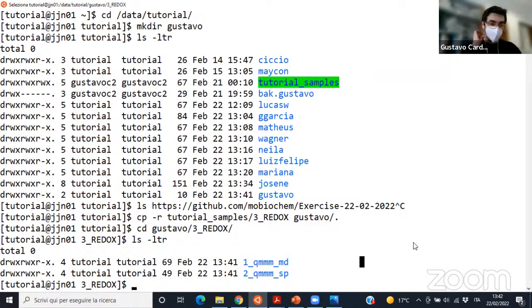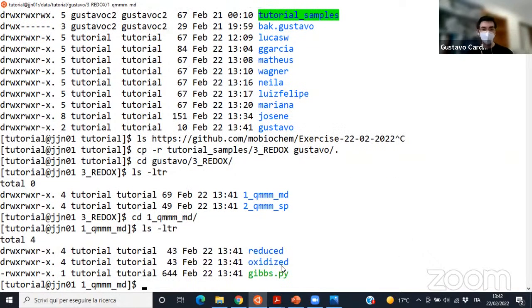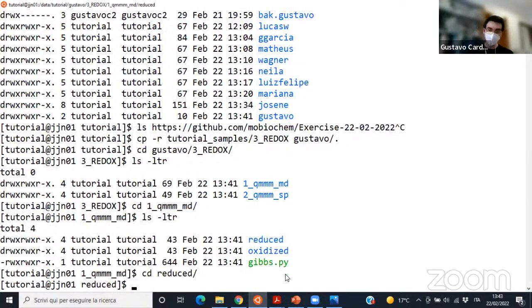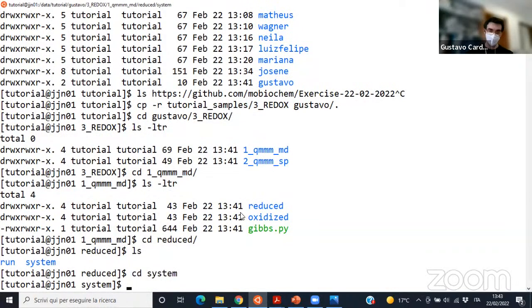Now, the first step, let's go to the 1QMMM MD folder. As you already know, here we have reduced, the oxidized, and the Gibbs script. So let's go to the reduced species, and let's go to the system folder. So we're going to prepare the system, the simulations.